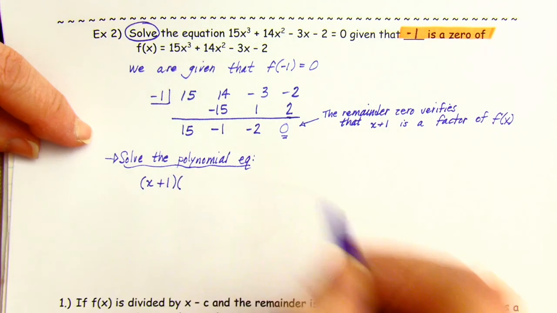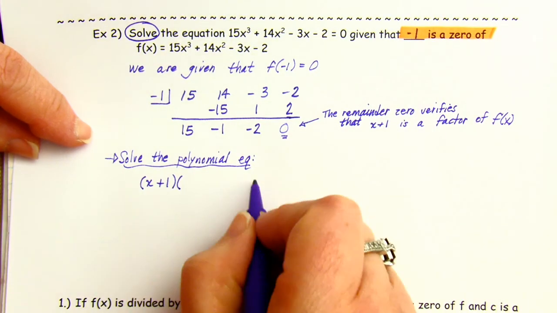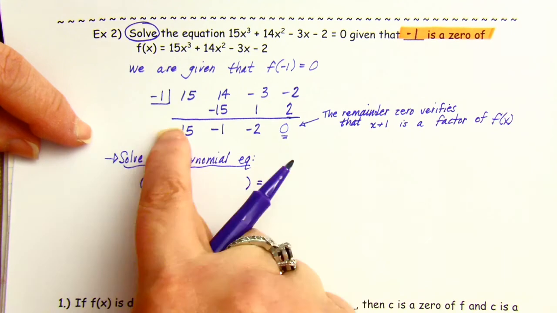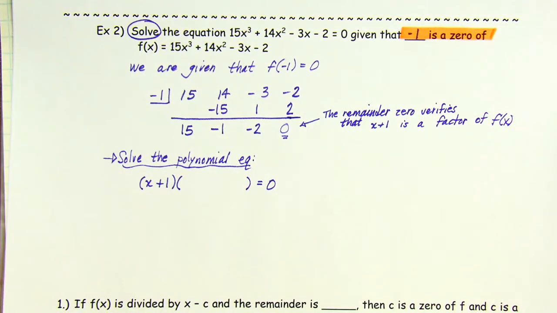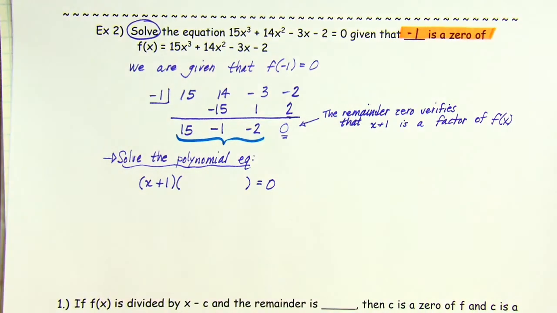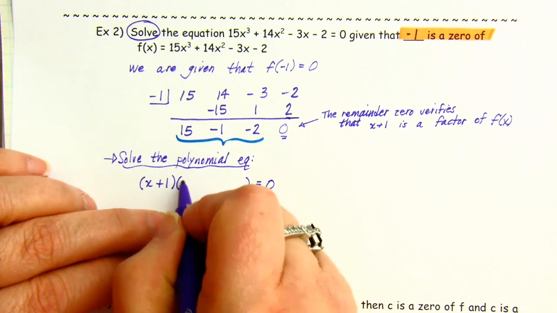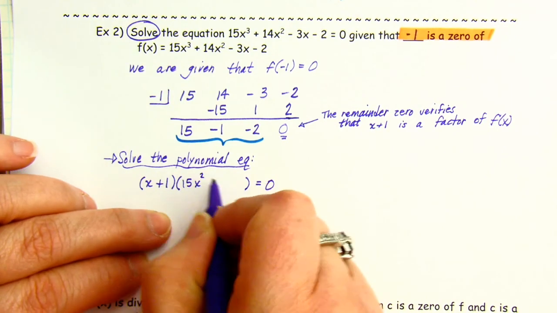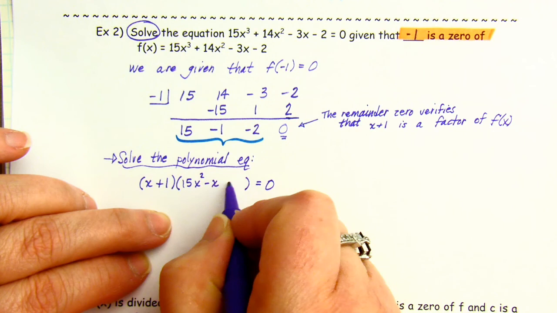The other polynomial that remains, these are my coefficients for it right here. It started out with a third power. This has got to bump down to a second. So this is 15x squared minus x minus 2.